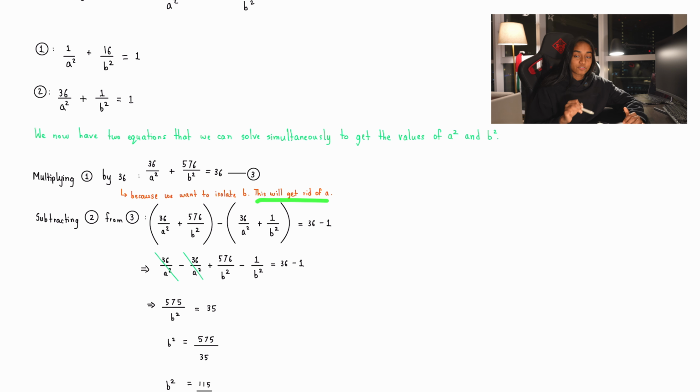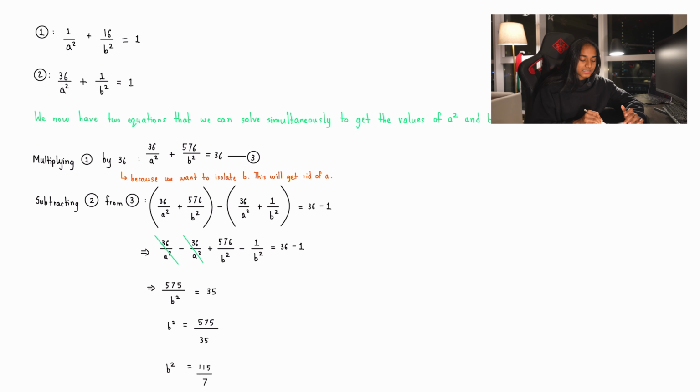This will get rid of a to be able to isolate b. So we do that and we get a third equation. Now we're going to subtract equation 2 from 3, and you realize how it gets rid of the a, which is what we wanted. We wanted to eliminate the a. That's why it's called elimination. Then we end up simplifying to get b squared equal to 115 over 7.